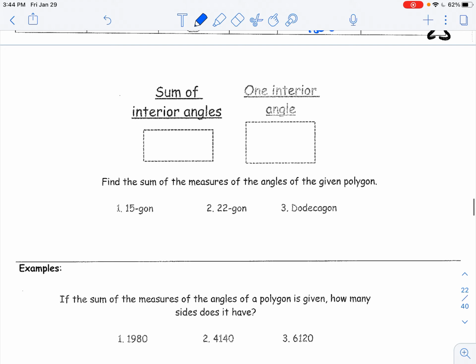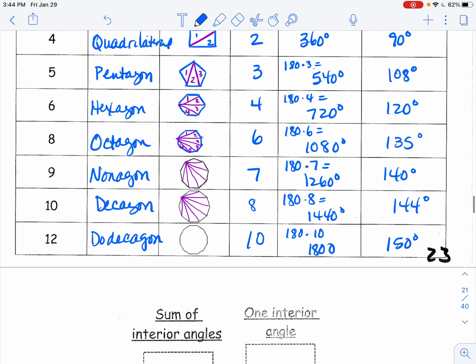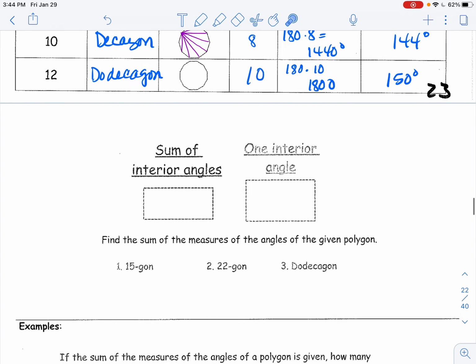So the sum of the interior angles, here's the formula for that. We recognize that it was the triangle 180, and then the number of sides minus 2. We had 12 minus 2, 10 minus 2, 9 minus 2.